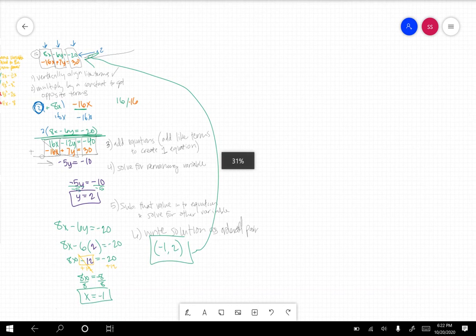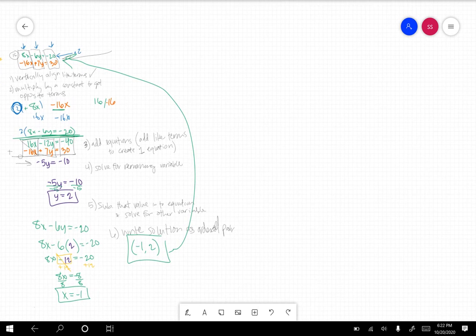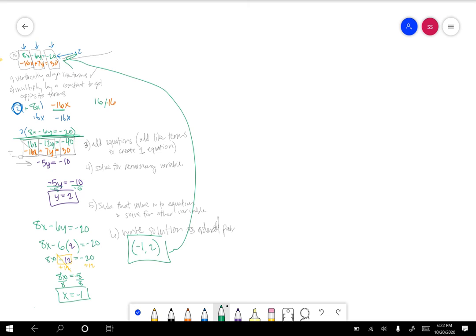We're going to do the second example slightly quicker, just because we've gone through it step by step now, so hopefully we're getting the hang of it. The next one we're going to do is the other top equation in the solve each system by elimination section on that worksheet.